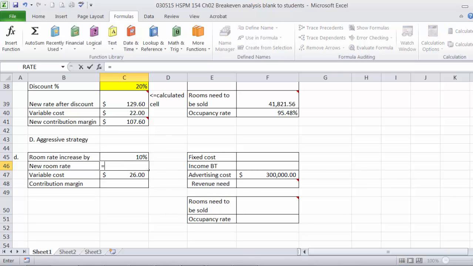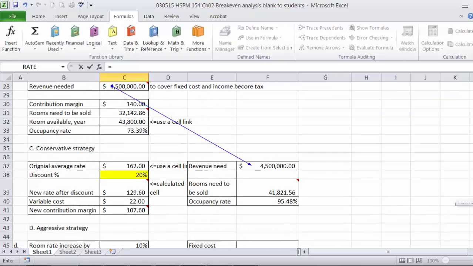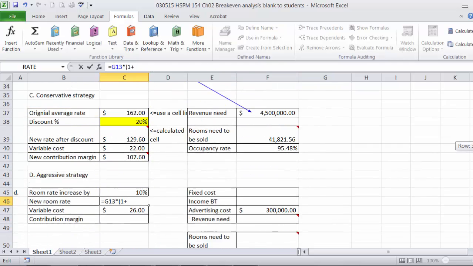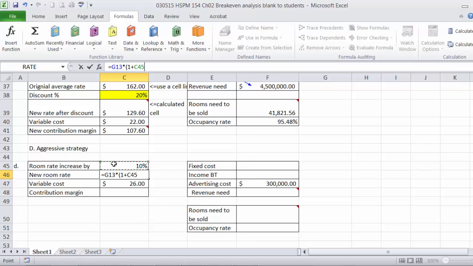So we take the original rate, $162, times one plus the increase rate. So the rate increased to $178.2, right?